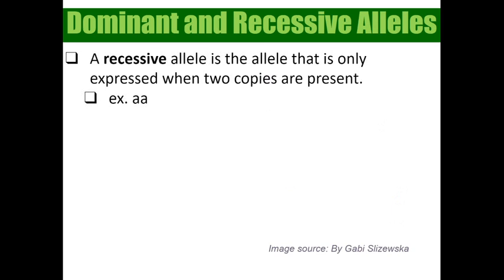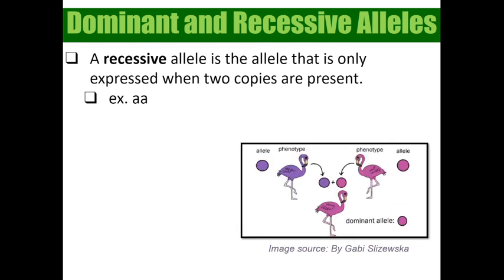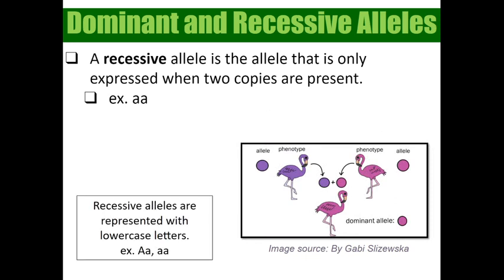Now, a recessive allele is the allele that is only expressed when two copies are present. So it's going to be little a, little a. That is the only example of something that is going to be recessive. Here we're looking at our flamingos again. The recessive alleles are represented with lowercase letters.